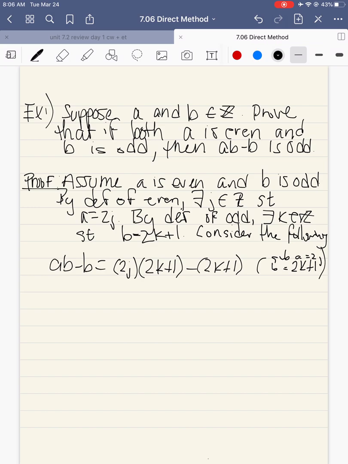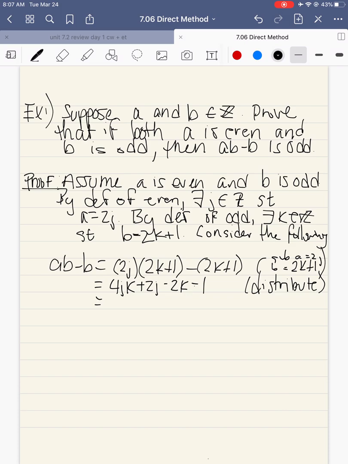And now we can simplify, so we need to distribute here, so we are left with 4JK plus 2J, and now we have minus 2K minus 1. So we're just distributing here.